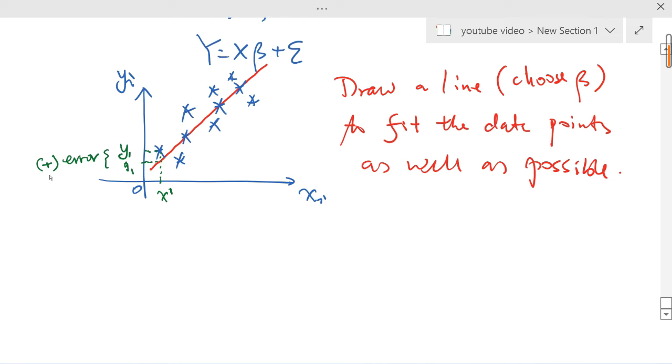Let's look at another point, say this point, let's call this x2. The associated y is y2. At x2, according to the red line, the associated y should be this y2 hat. And we see that now there's an error as well, and the error is positive.